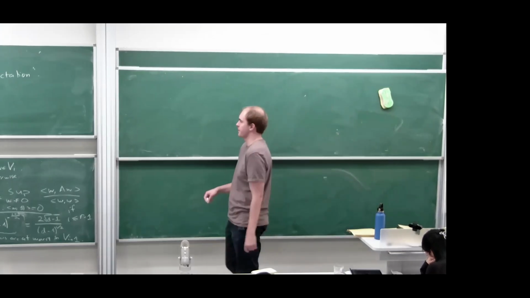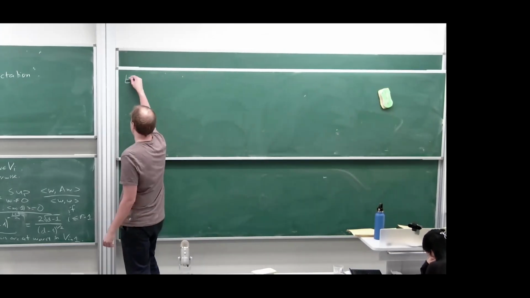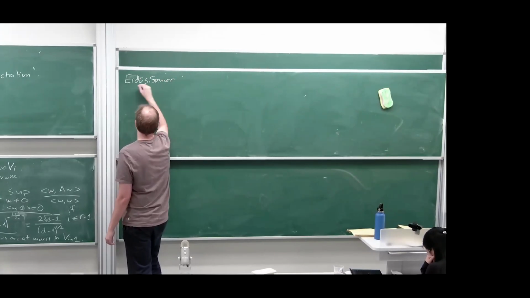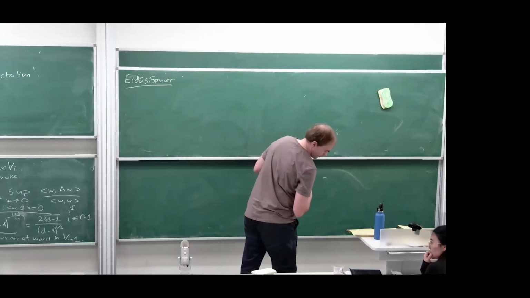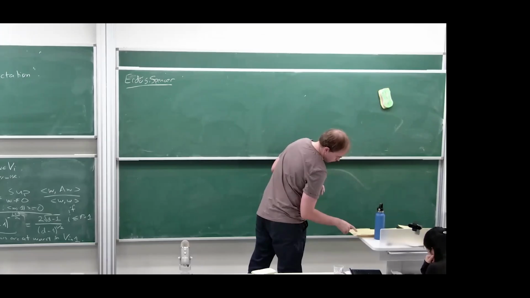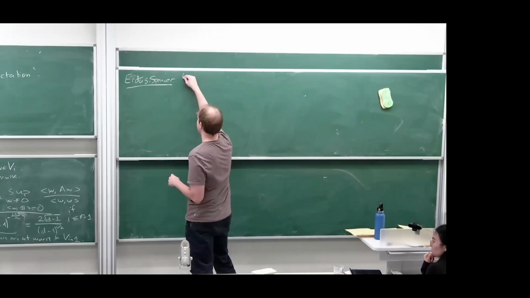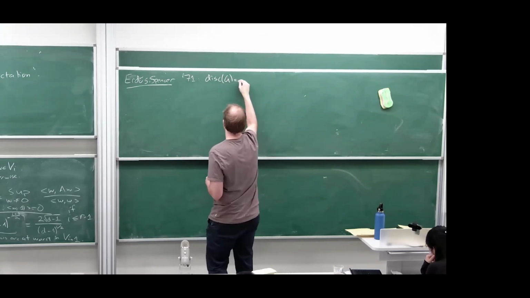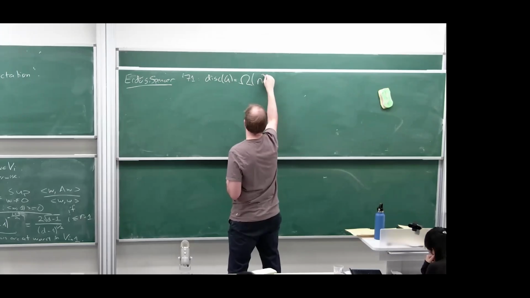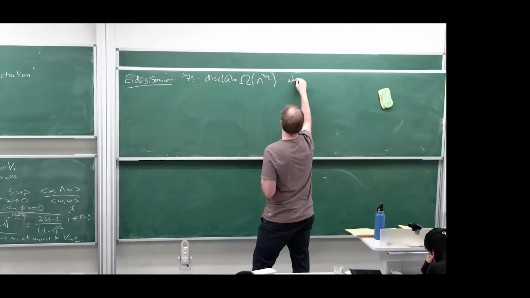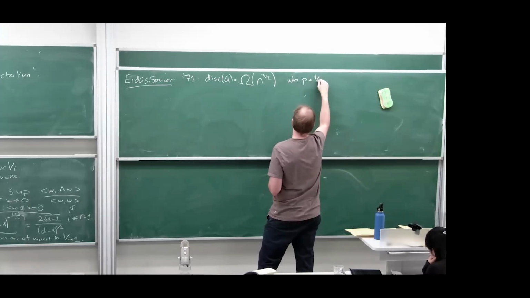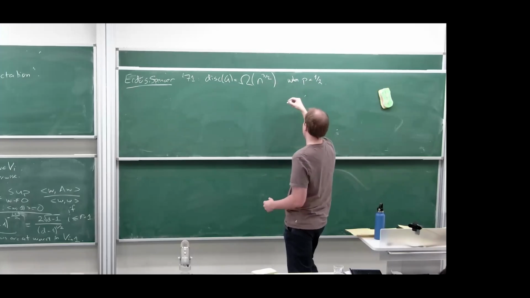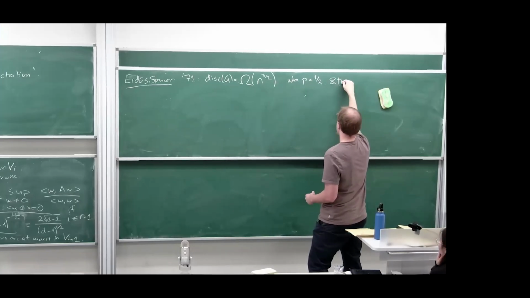The study of discrepancy dates back to Edwards and Spencer, who proved in 71 that the discrepancy of G is at least n to the 3 halves when p equals a half, and this is tight for random graphs.